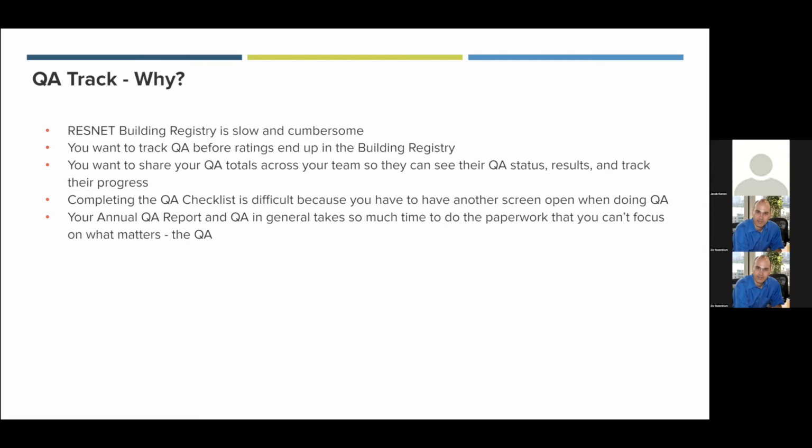So we thought, can we put that in Ecotrope so it's easier for you to see everything right in Ecotrope? We also know this is really critical for you to get right, because the QA report impacts all operations of your HERS rating company.